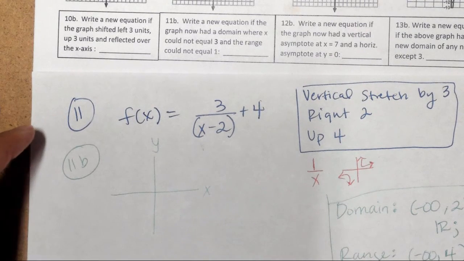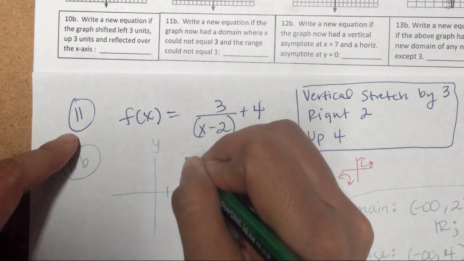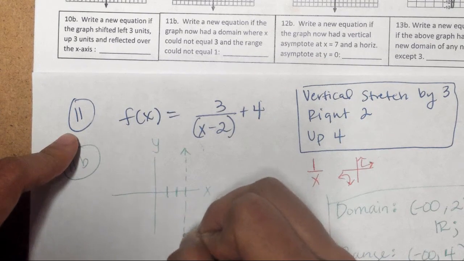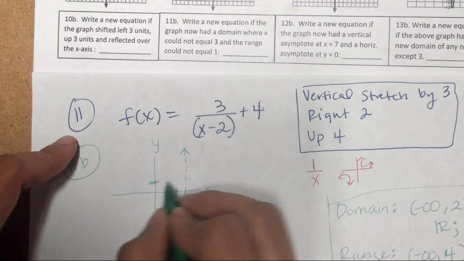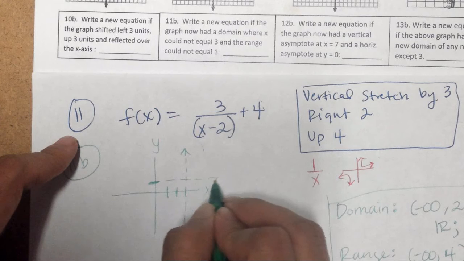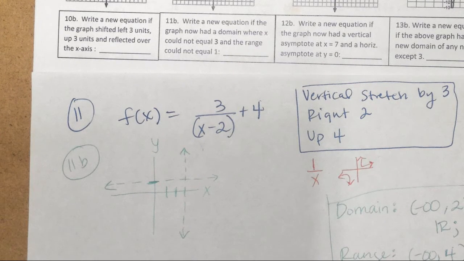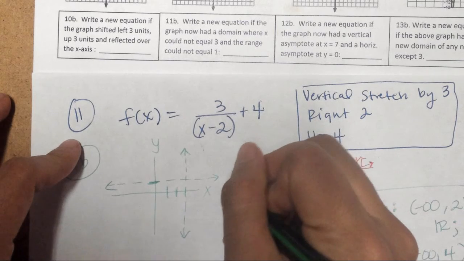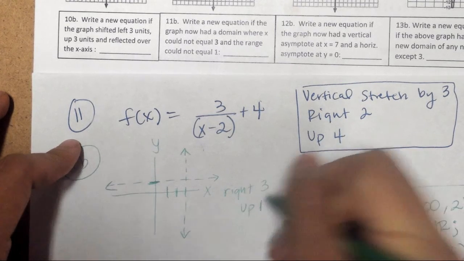If x cannot equal 3, I'm going to draw an asymptote at 3. And the range is your y, and that can't equal 1. So here's my y equals 1, and there's your asymptote. So what did this do? This went right 3 and up 1.